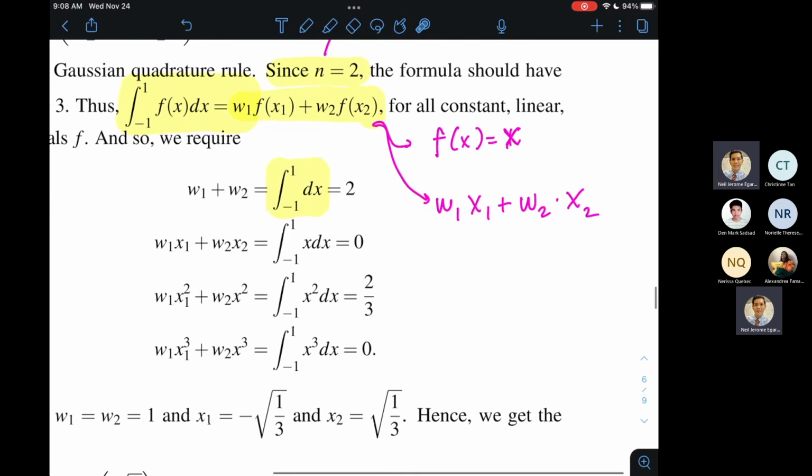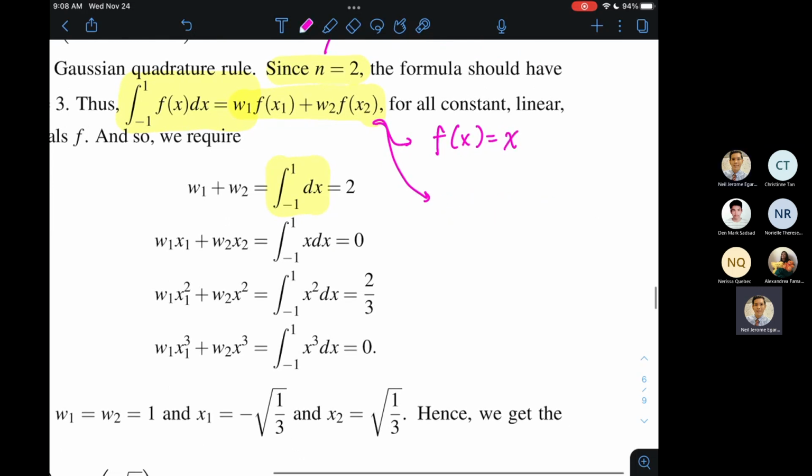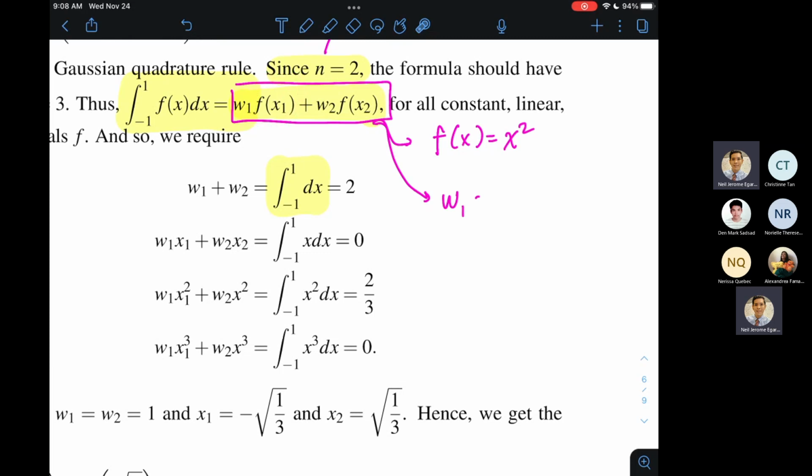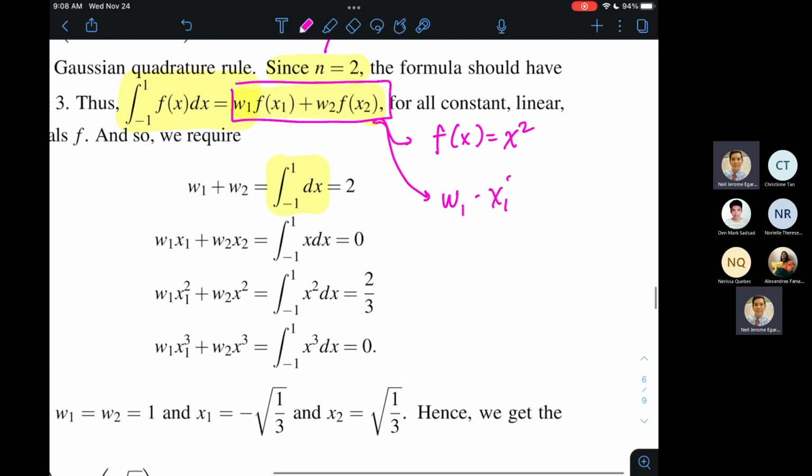Okay? And then we can also do the same thing for x squared. So if we replace f by x squared, if you look at the quadrature rule, it's going to be W1 times the function value under x squared of x1. So that's going to be x1 squared plus W2 times the function value of x2 under the quadratic function x squared. So that's why we have this side in our equation.